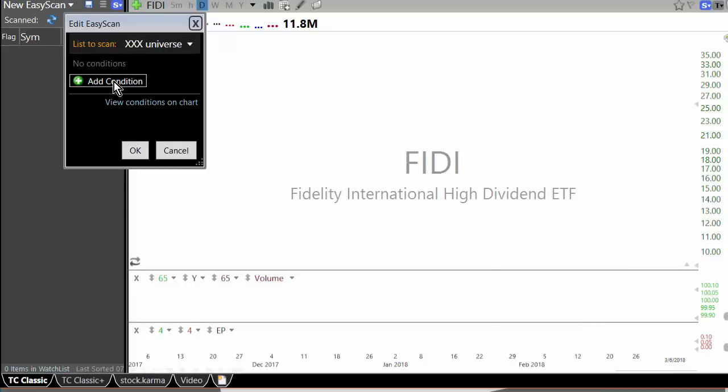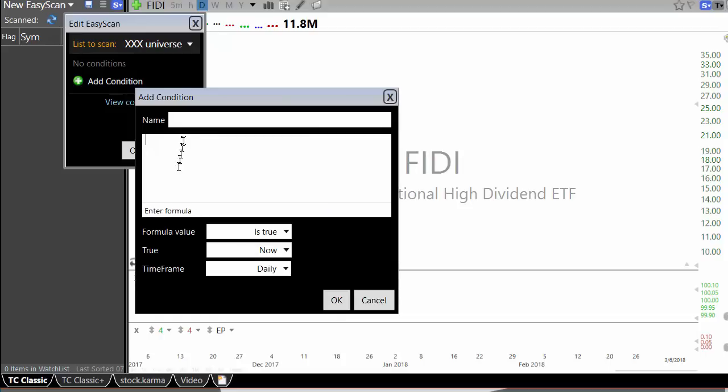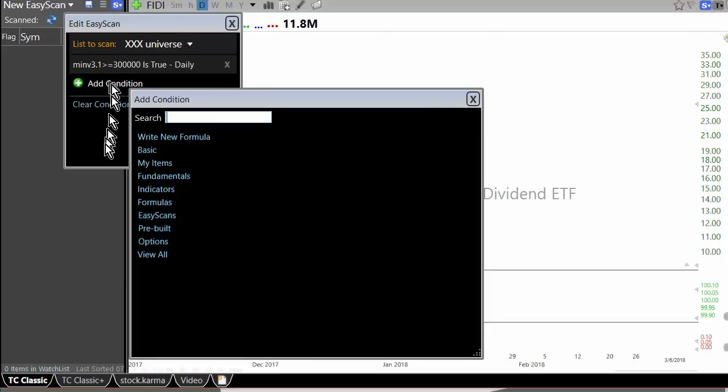What is your first condition? Liquidity. For liquidity, on the bearish side, we are going to use a higher liquidity. So mean V 3.1 is greater than or equal to 300,000. Okay, so your condition is there. Next condition, TI 65.